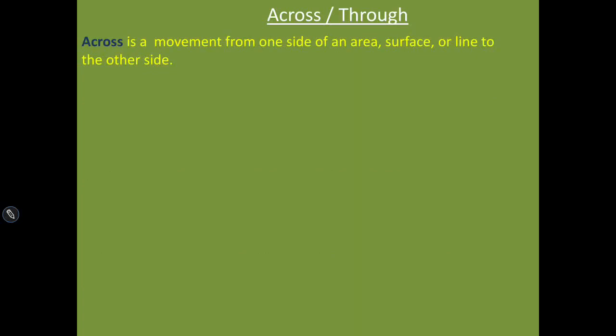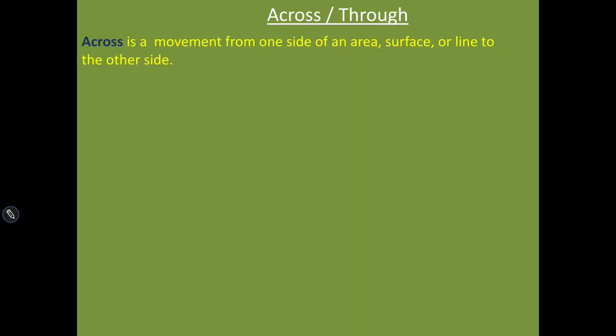What is the difference between across and through? Across is a movement from one side of an area, surface or line to the other side. In other words, if someone or something goes across a place or a boundary, they go from one side of it to the other.